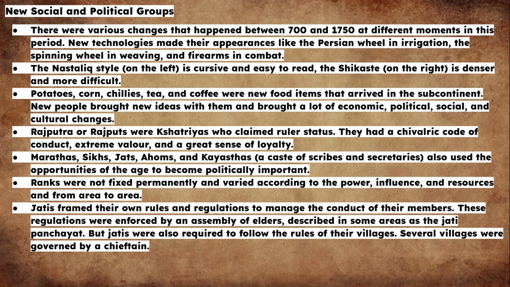Marathas, Sikhs, Jats, Ahoms, and Kayasthas, a caste of scribes and secretaries, also used the opportunities of the age to become politically important. Ranks were not fixed permanently and varied according to power, influence, and resources, and from area to area.